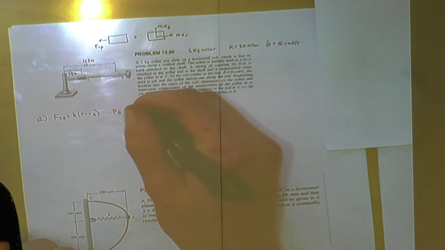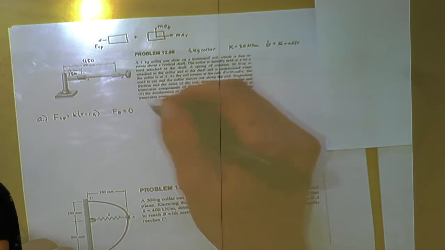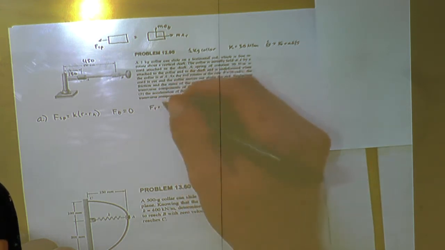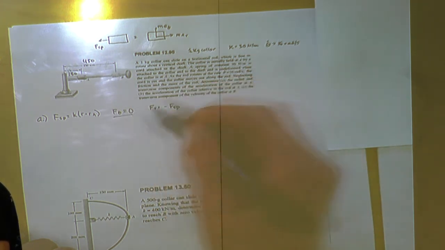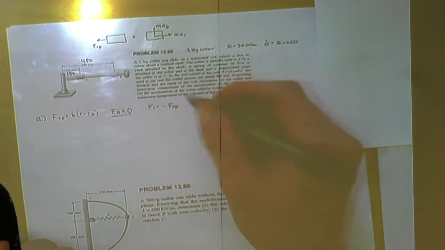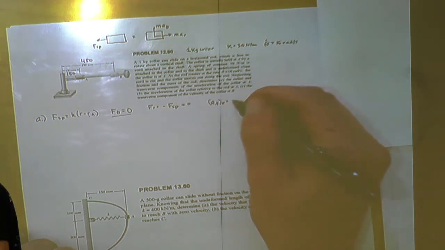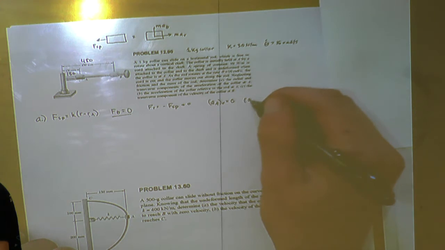Since it's unstretched at the beginning, it's going to be 0. F_r equals negative F_sp. This is just because it's not spinning, and since these two cancel out, this is going to be 0. So a_A radial is 0, a_A transverse is 0.